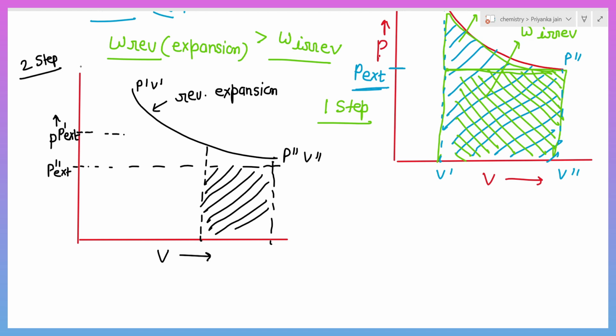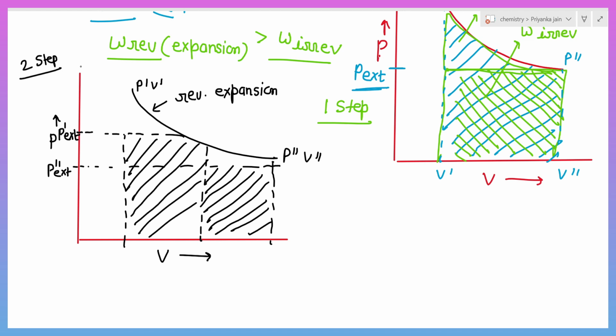Again we are putting the pressure here, so we get a line here, and we get this much area. So now you can see we are getting this type of area. It means we are getting this area for the irreversible process.